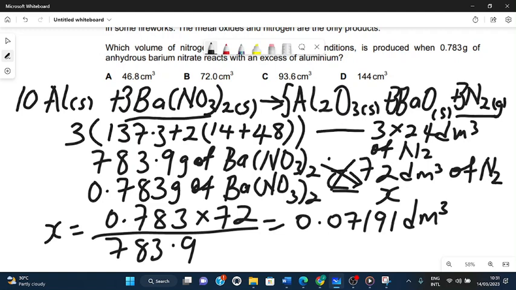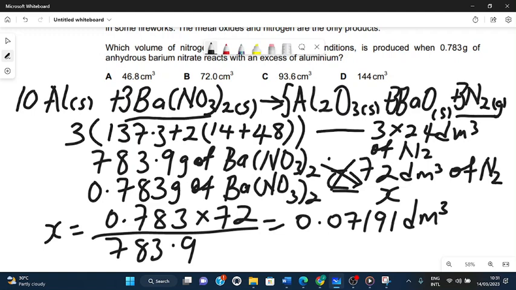But our answer is in cm³. So what do we have to do here is to convert dm³ to what? cm³. We all know that 1 dm³ is equal to 1000 cm³.